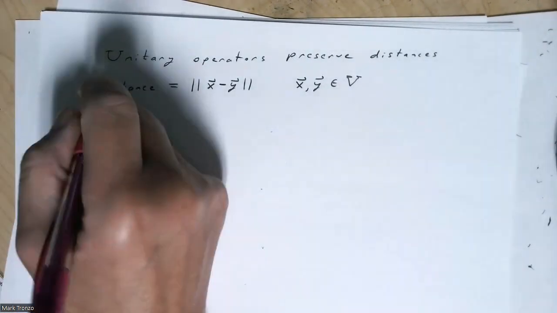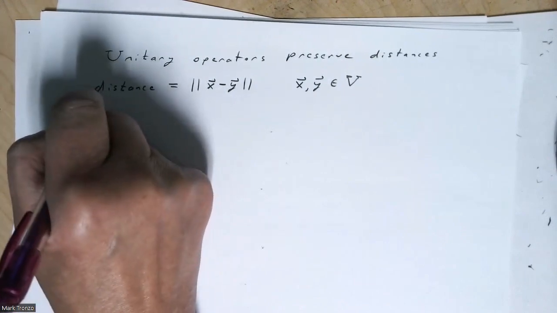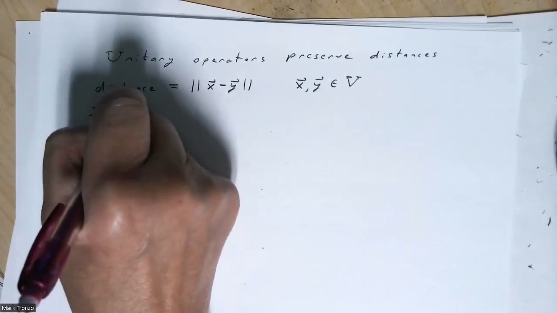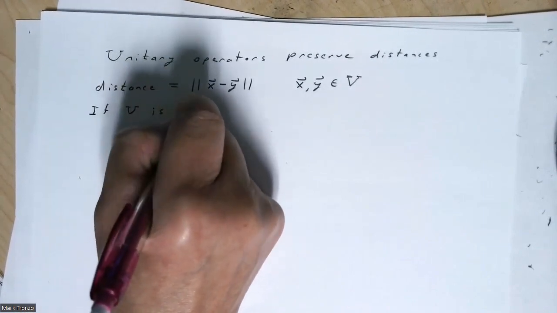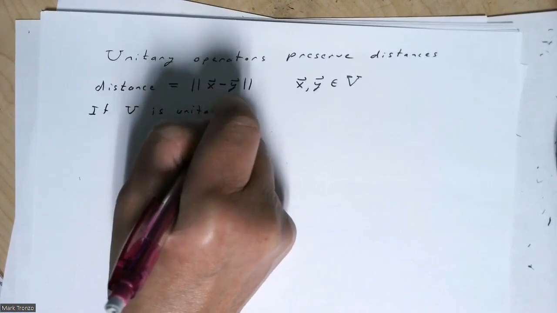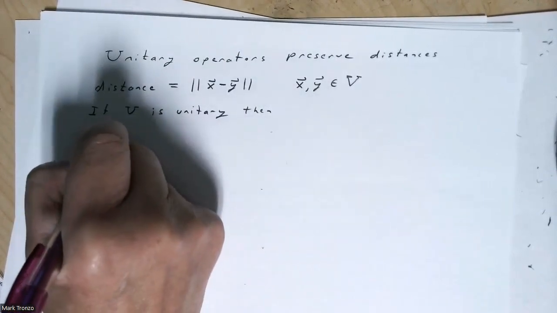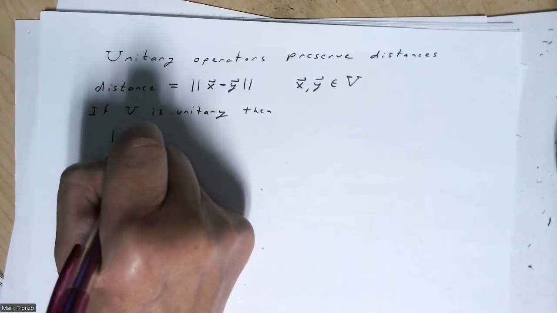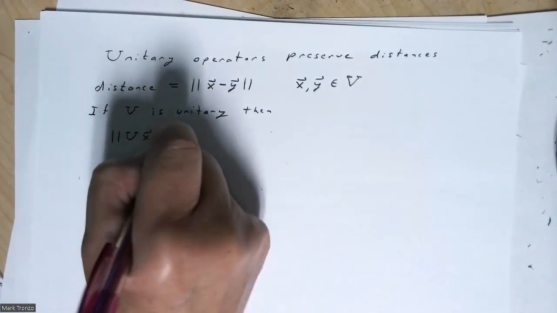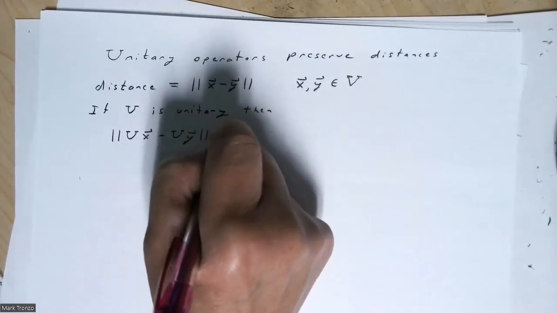And then, if U is unitary, then we have U x minus U y.